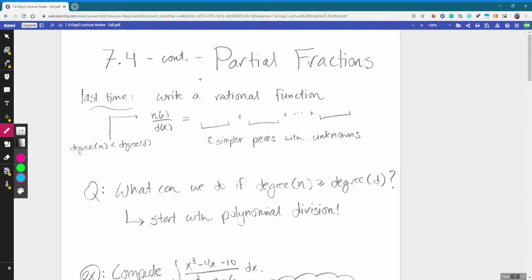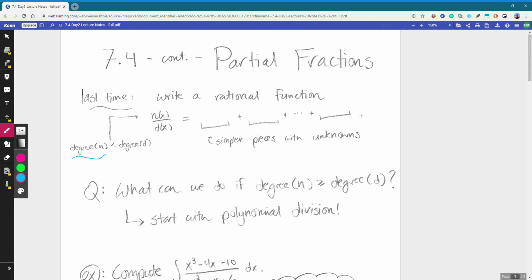Recall that partial fractions was this way for us to take a rational function, something like this, where we have a polynomial in the numerator and denominator, and as long as the degree of our numerator was less than the degree of our denominator, partial fractions says, well, we can take this and break it up as a number of simpler pieces with some unknowns in there. And then we'd have to do some work to find them. But in terms of integration, the hope is that the simpler pieces we can work with and we can integrate.